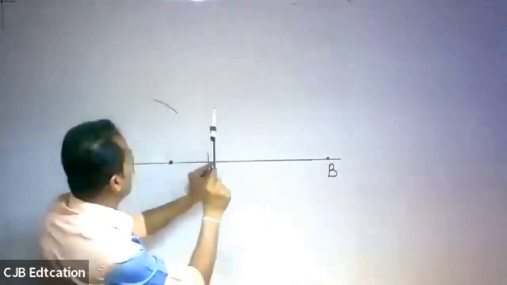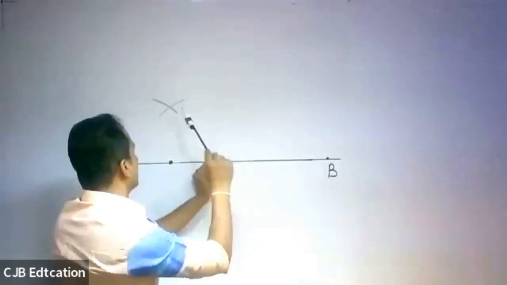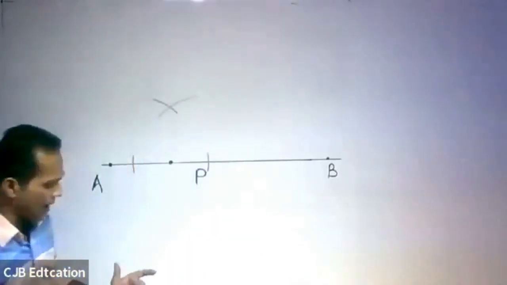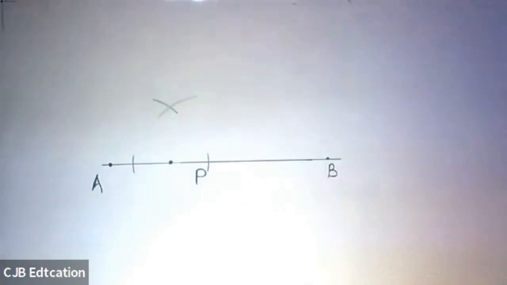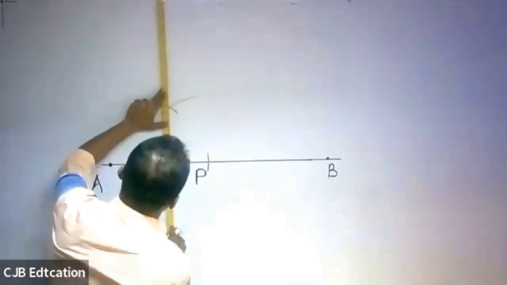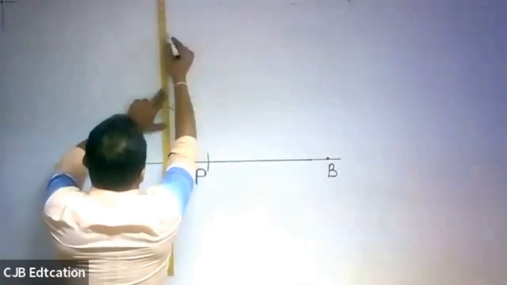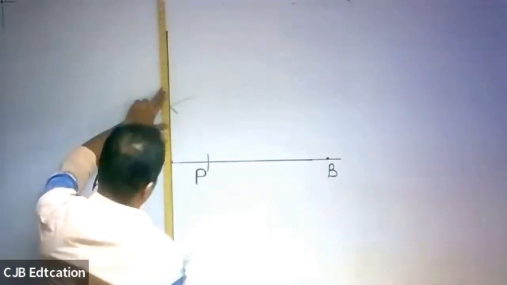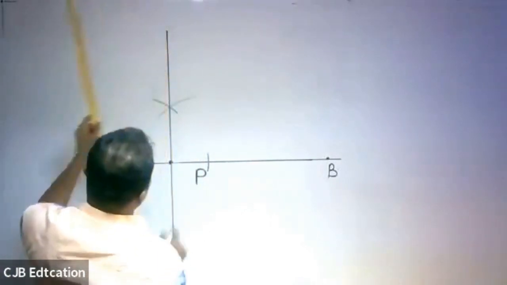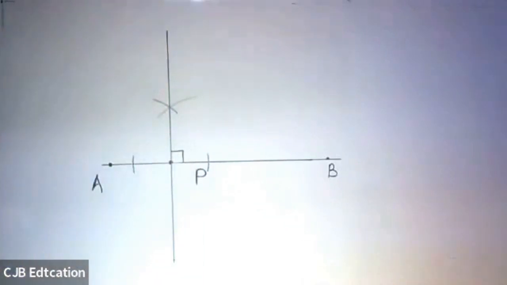In this way, we can put arcs from both intersections on the straight line. Right? Now we can connect that point P and the intersection of the two arcs. So this is perpendicular to the given AB straight line. Is that clear now? Yes, sir.